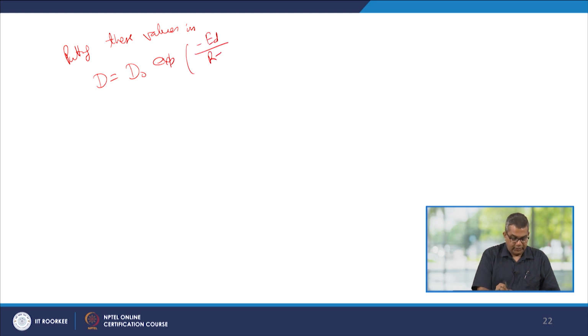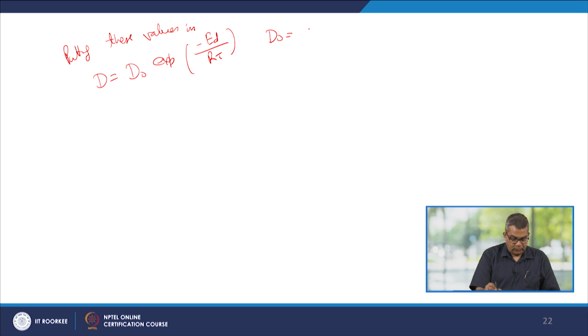So, putting these values in the equation, which is D is equal to D naught exponential of minus ED over RT.